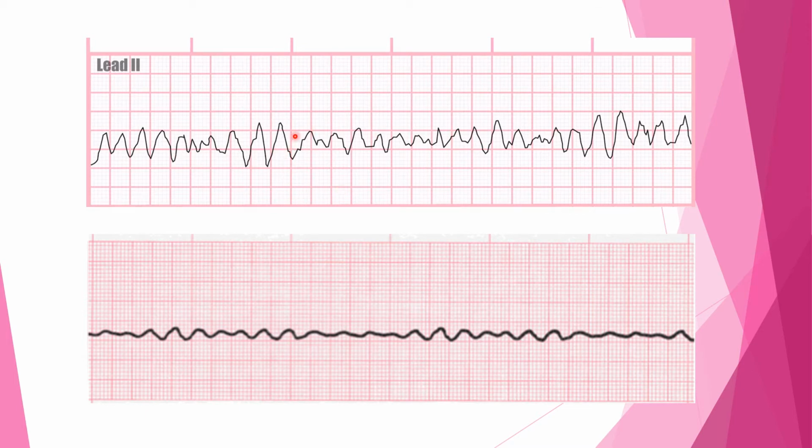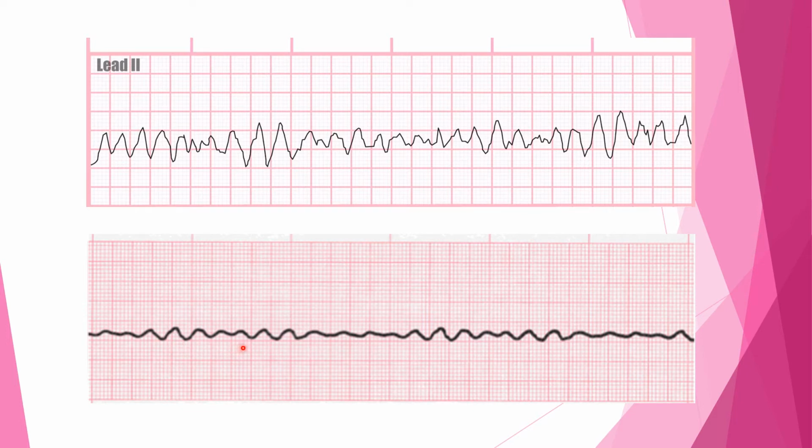As I said, usually the patient will start with coarse VF. With time, if there is no proper management, it will go to fine VF, like here. Then it will go to a flat line, or asystole. This is fine VF.